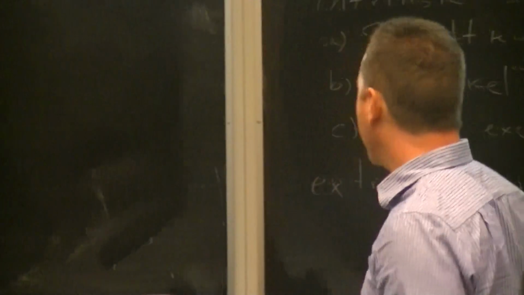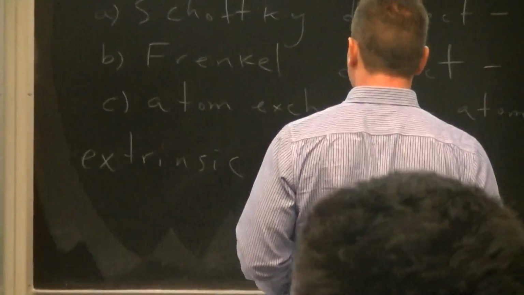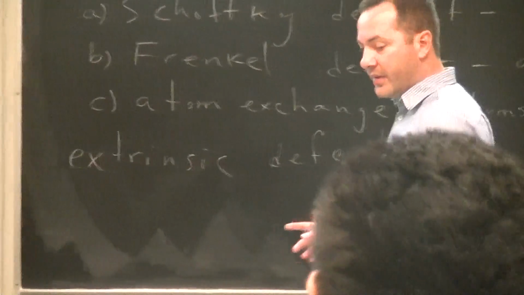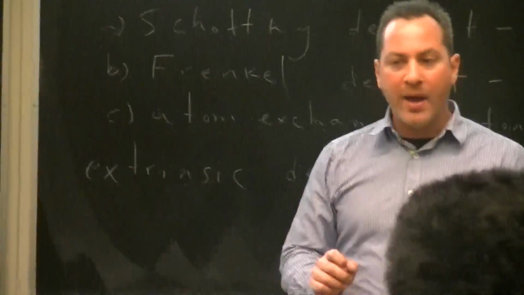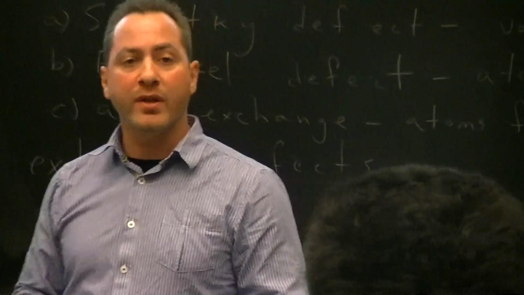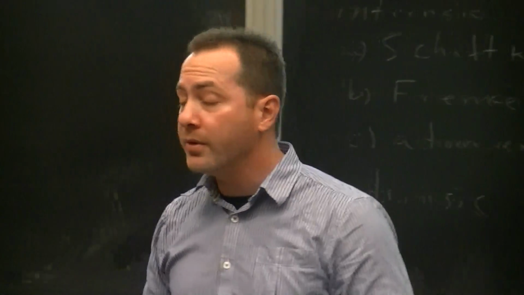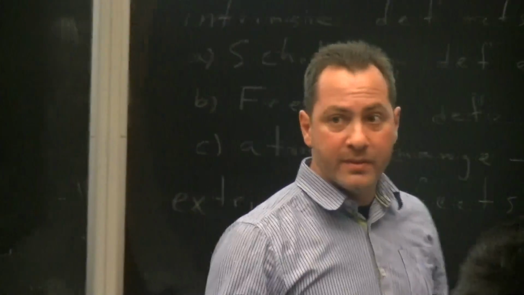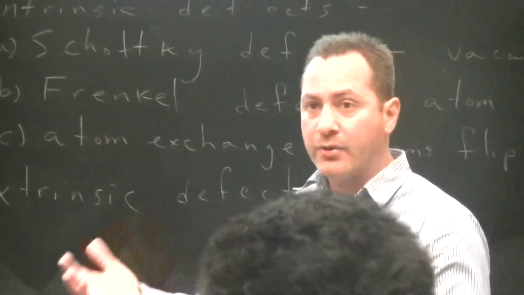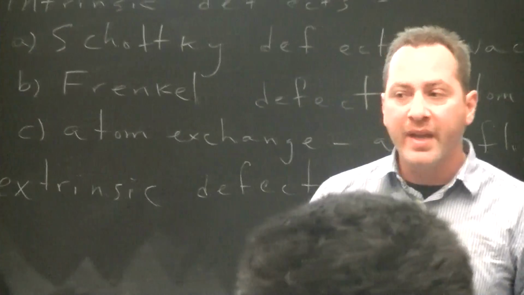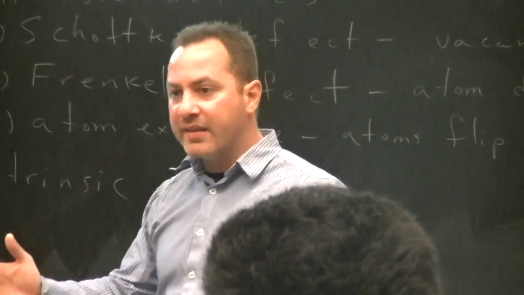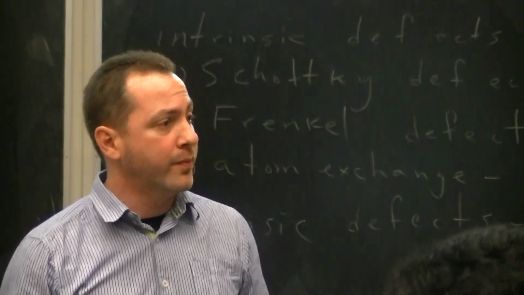Of course, there's something else: the defects that we call extrinsic defects. In the case of extrinsic defects, these defects are due to impurities, something new that is added to the material that is not part of the natural material. A very good example of that are gemstones.